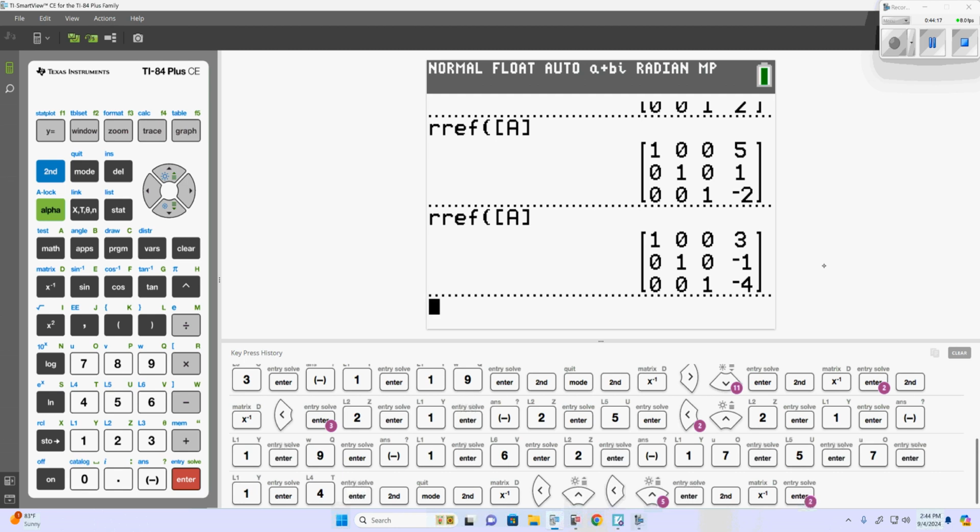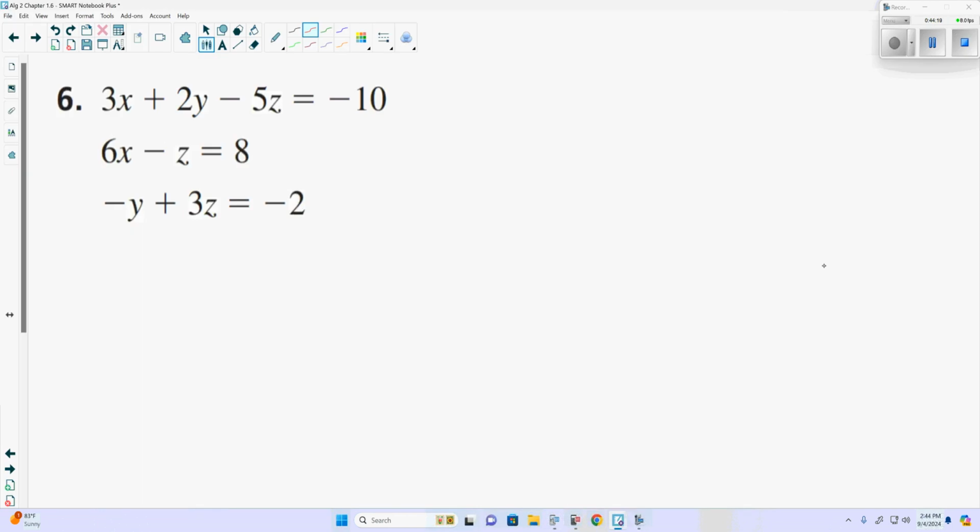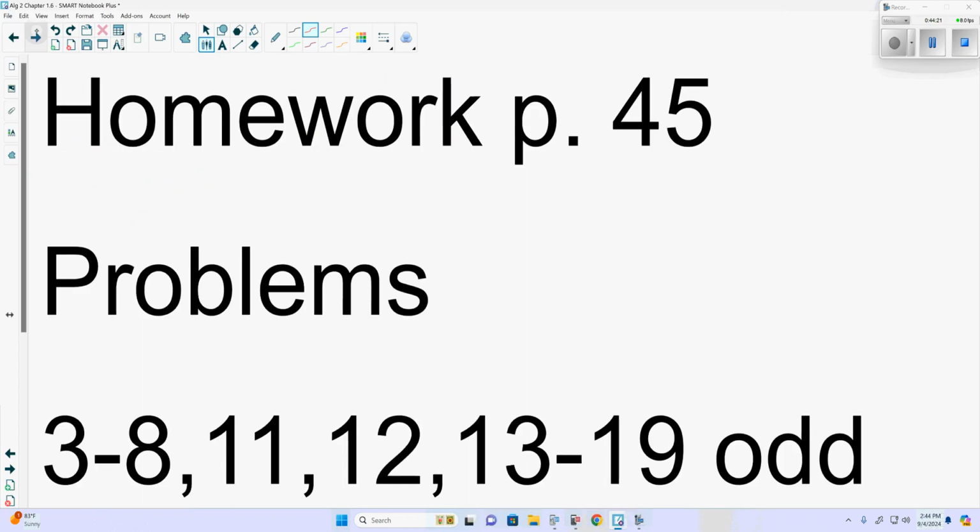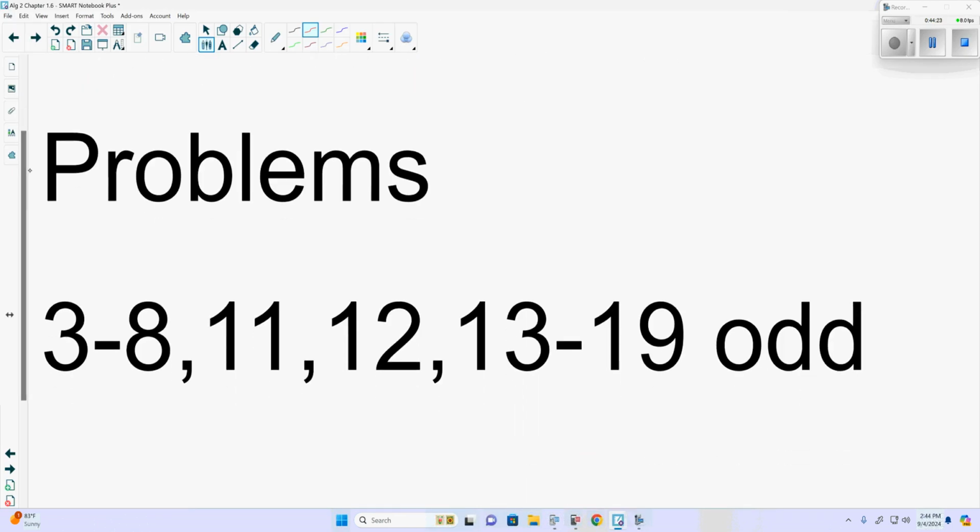What's the homework problems? Yeah. So the homework, 3 through 8 is write the augmented matrix, state the dimensions. 11 and 12 are correct the error.